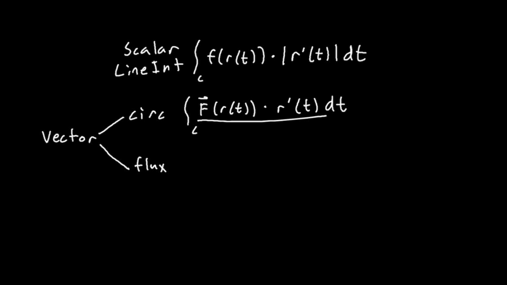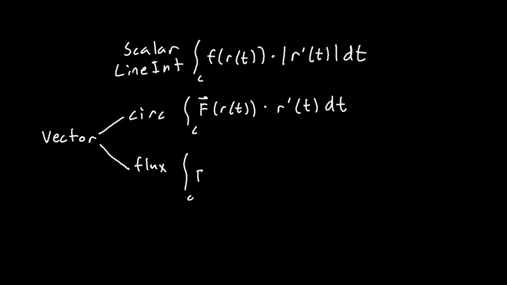So this is how you calculate circulation. And usually when you are calculating circulation, you're going to be using some derivative rather than a normal vector. So if this ends with dr, this will be a circulation calculation.